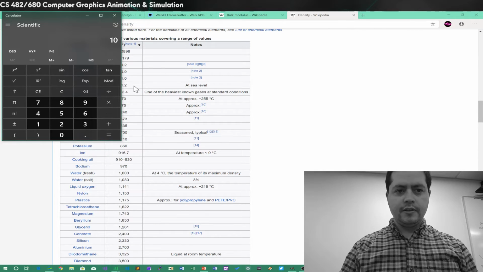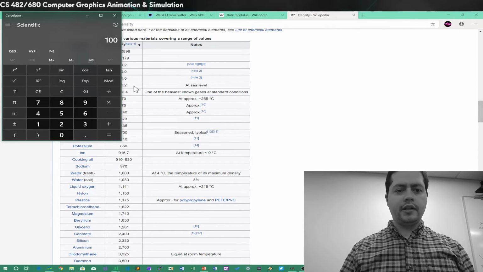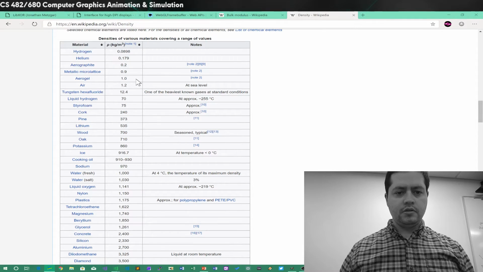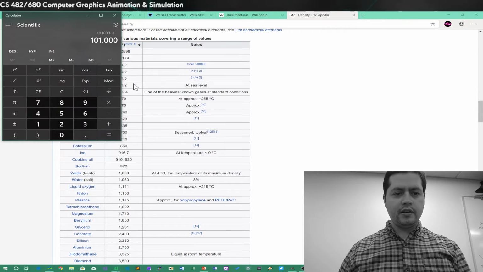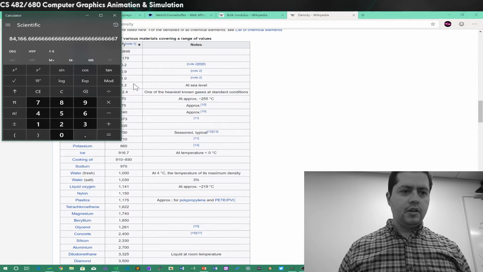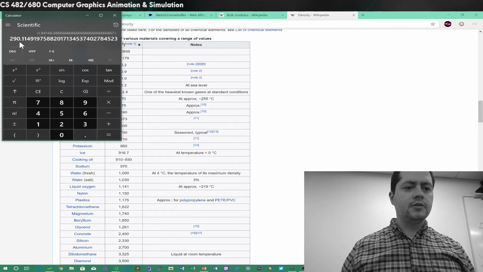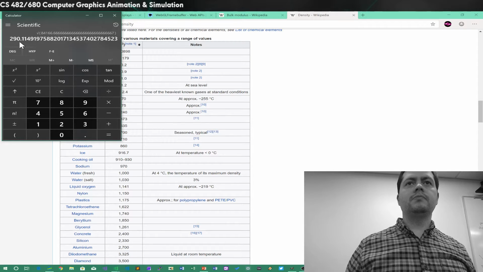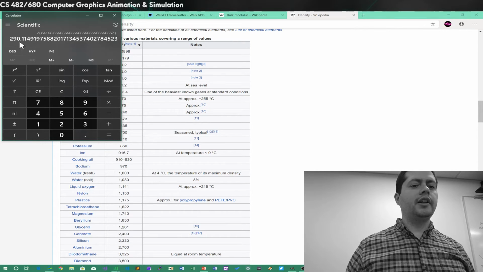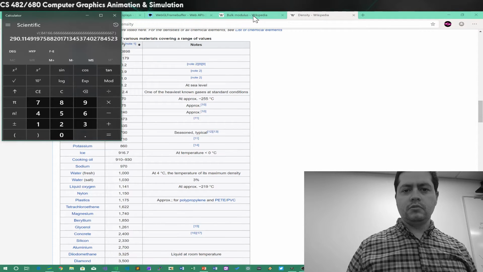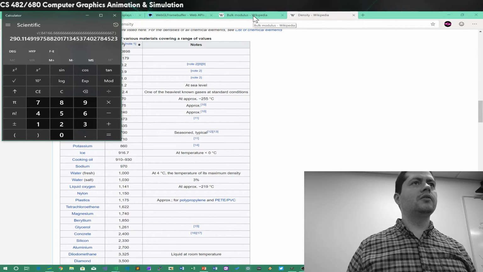So 100,000 or 101,000 divided by, what's 1.2 for air, and then we take the square root of that. We get 290 meters per second. Does that sound about right for the velocity of sound?